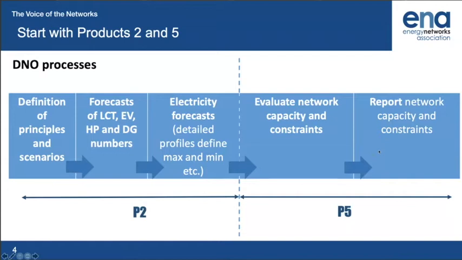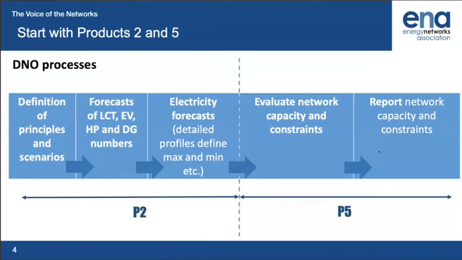These 2 products are quite closely linked, and we think it's good to think about them together, so that we can be quite clear about where one product starts and ends, and where the other begins. The little diagram on the slide illustrates at a high level what product 2 and product 5 are.